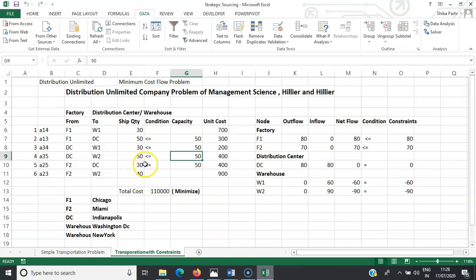So 1,10,000 dollars we want, and we can see through F1 and W1 we have to transport 30 units, and F2 to W2 40 units, rest of the units 50, 30. So they are also maintaining this constraint. So here you can see also net flow 80 and 70, and these are all being maintained.